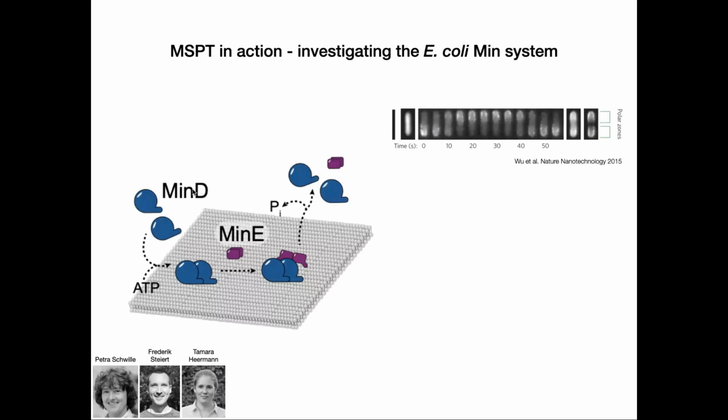So there are these two proteins, MinD and MinE, which oscillate between the cell poles of E. coli and basically establish a concentration gradient between the cell poles of a third protein, MinC, which is a passenger protein on these two proteins.